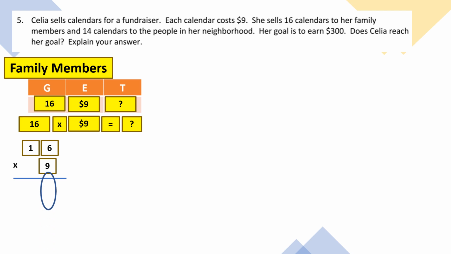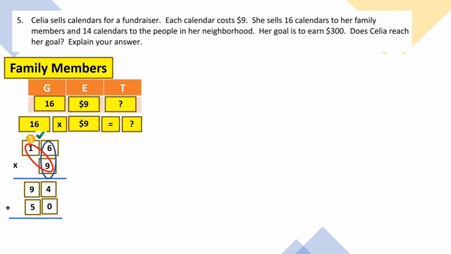So first we start off with 9 times 6. And 9 times 6 is 54. So we put that 4 in the ones place and we carry our 5 over the tens place. Then we multiply 9 times 1. Well, 9 times 1 is 9, but we can't forget about that 5 that we carried over the tens place. And that's a whole 50. So we need to go ahead and add that 50 to our solution.